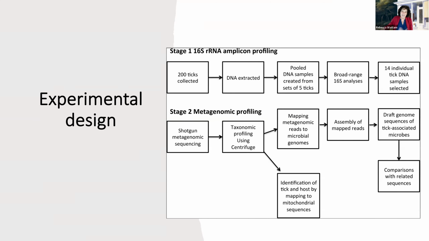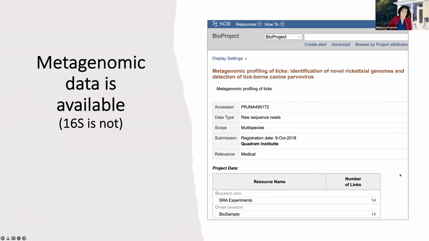So that shows you that there's some potential to have some cross BRC analysis going on. Then they mapped the metagenomic reads to microbial genomes, something we can do in BV-BRC. They assembled those reads. They took the draft sequences and compared them. They tried to pull out draft genome sequences from that, and then they did the comparison of those sequences.